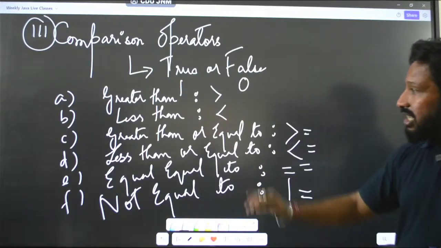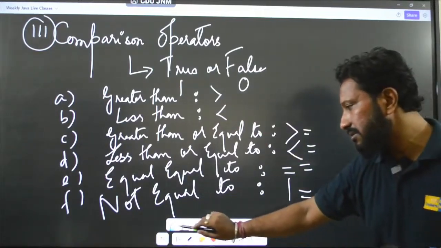Okay. So these are the 6 comparison operators.